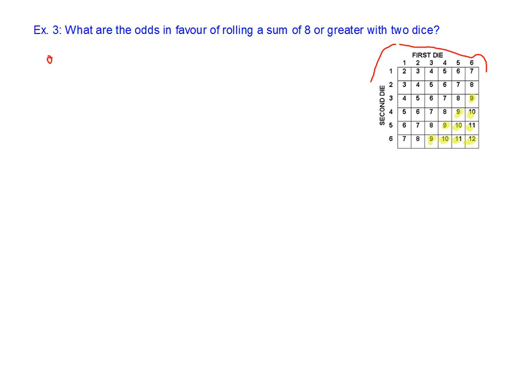Because remember, in order to calculate the odds, we need the probabilities. So the odds here are equal to the probability for divided by the probability against. So the probability for, again, we can just do this off on the side, the probability for getting a sum of 8 or higher, we count these all up.